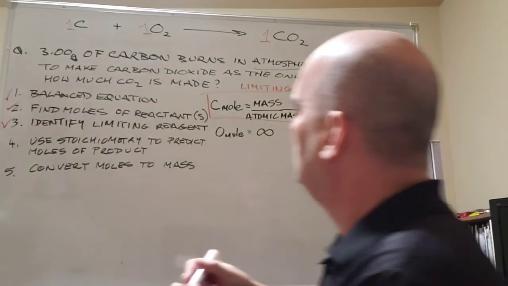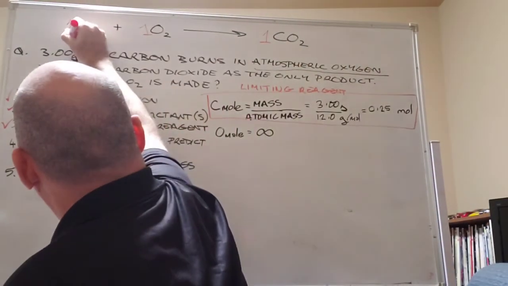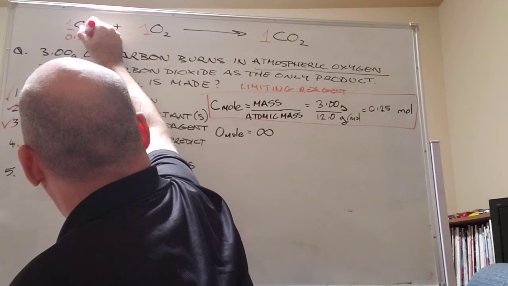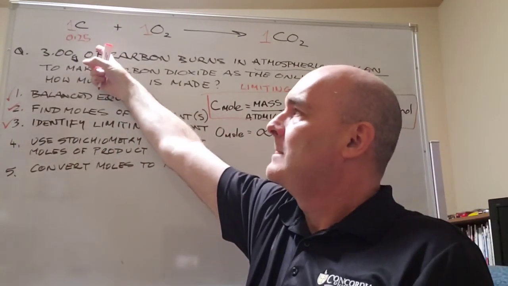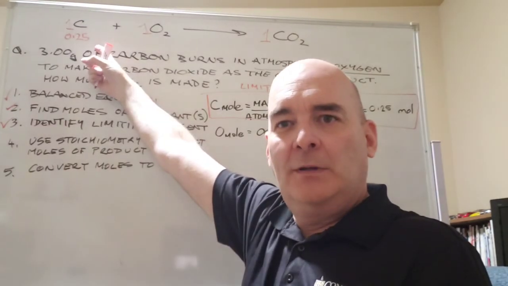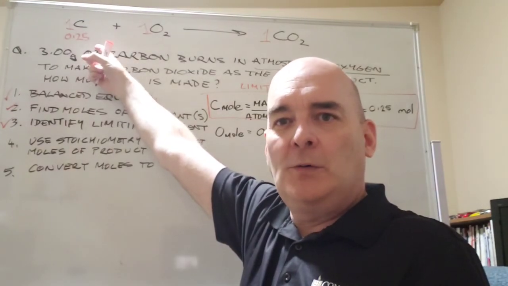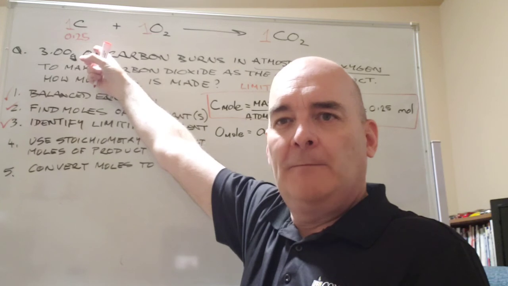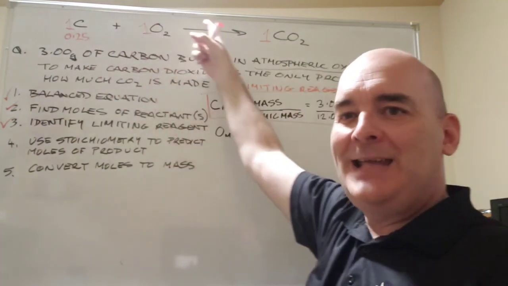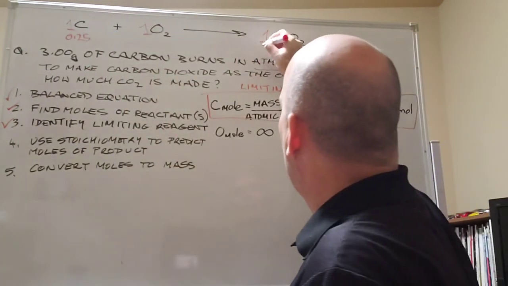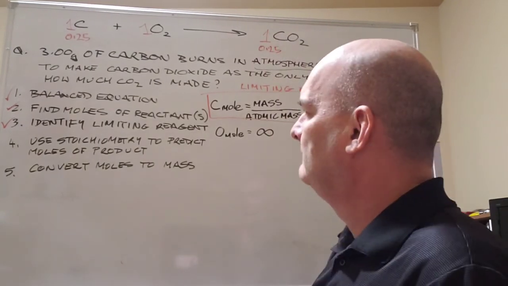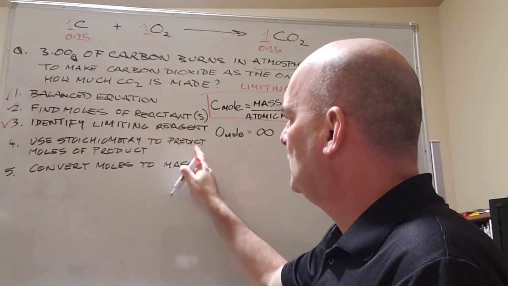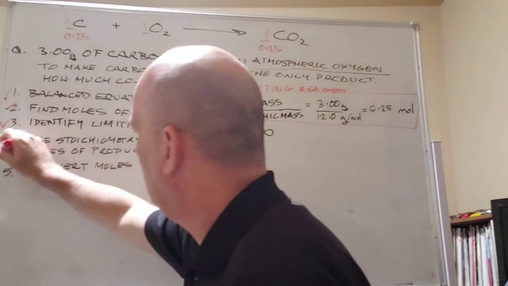Well, my math has told me just by dividing the mass by its atomic mass that I actually have 0.25 moles of carbon, which is going to dictate how many moles of carbon dioxide I can make.